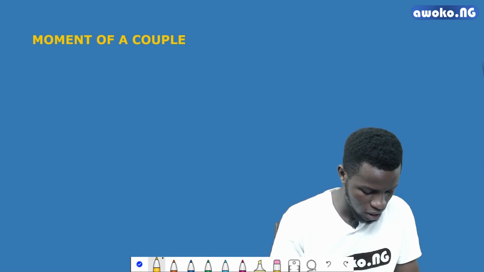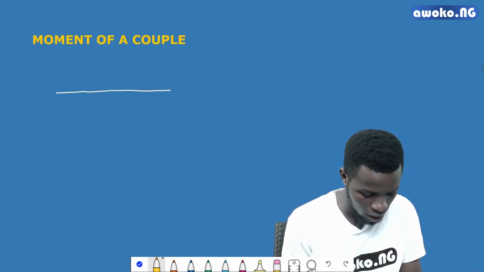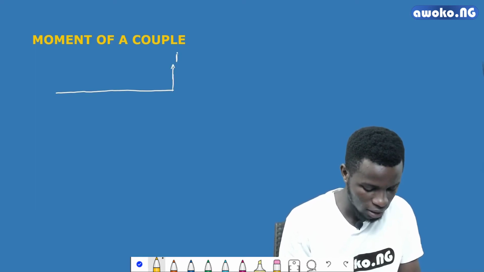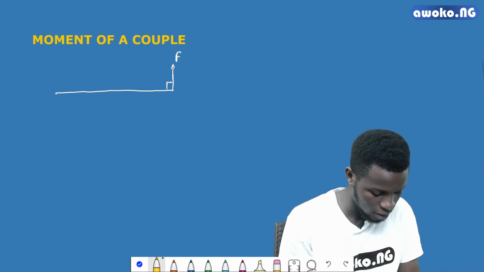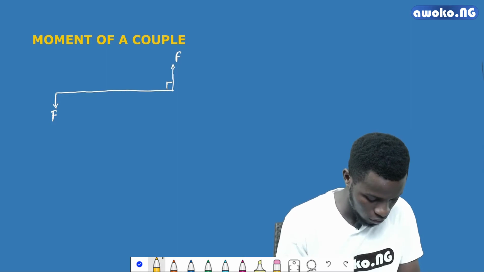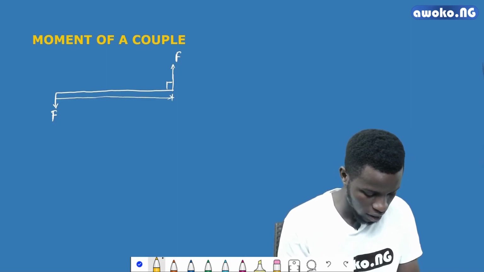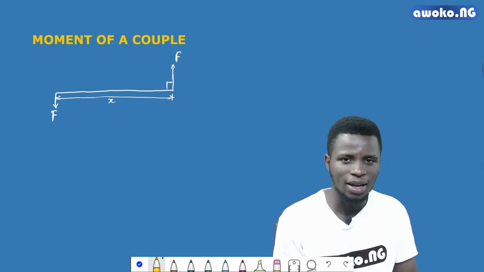So diagrammatically, we can say that if we have this line of action and then a force acting in this direction, because this is at a right angle, and another force F acting in the opposite direction, and we consider the distance from here to here, we can call this X. Realize that these two forces are acting in the opposite direction.